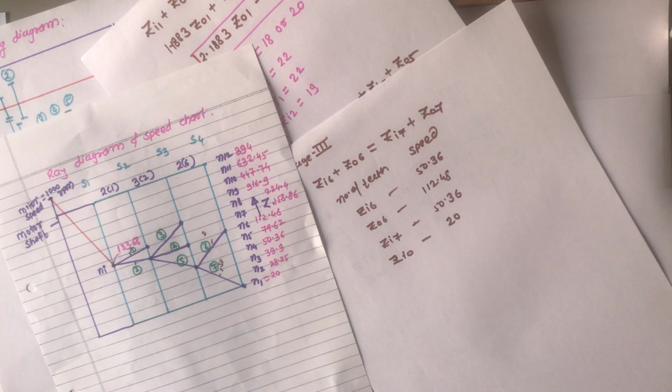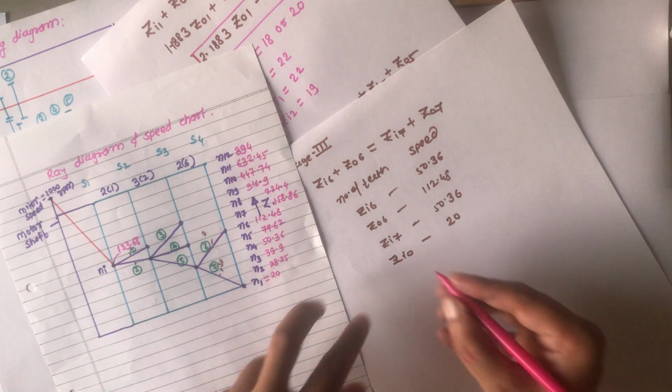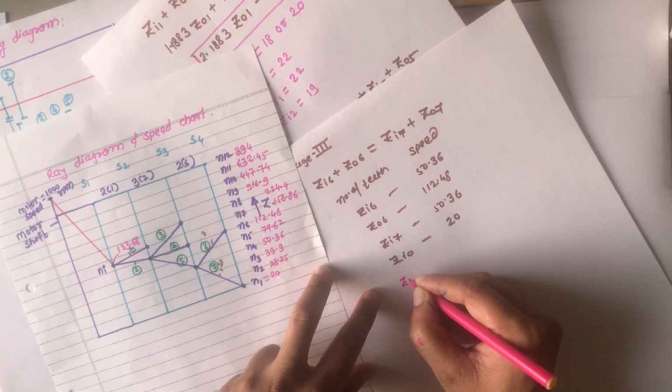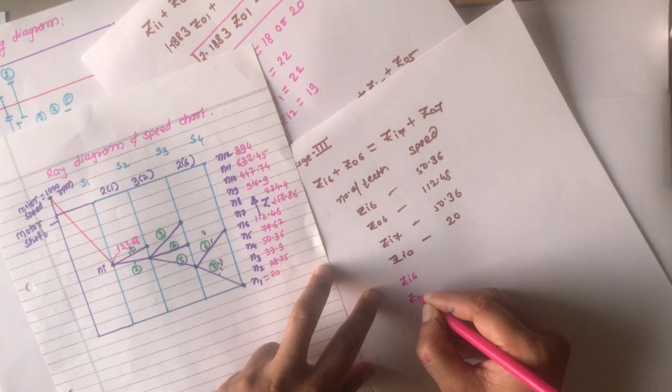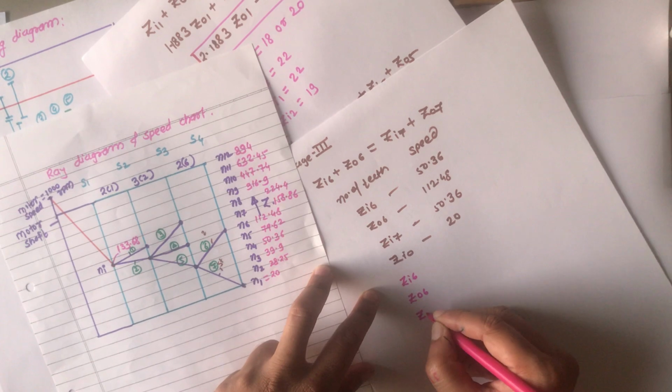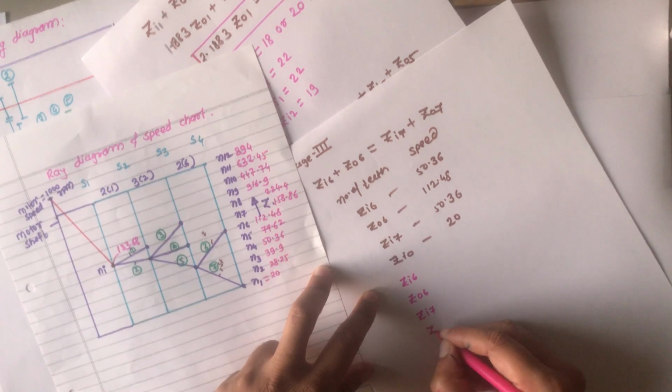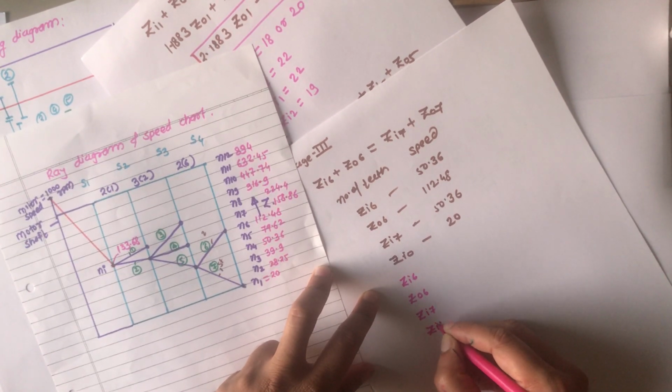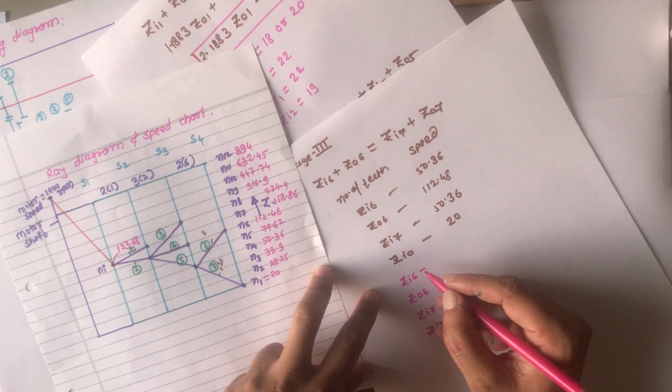So calculate the number of teeth. These are the values: Zi6, ZO6, Zi7, ZO7.